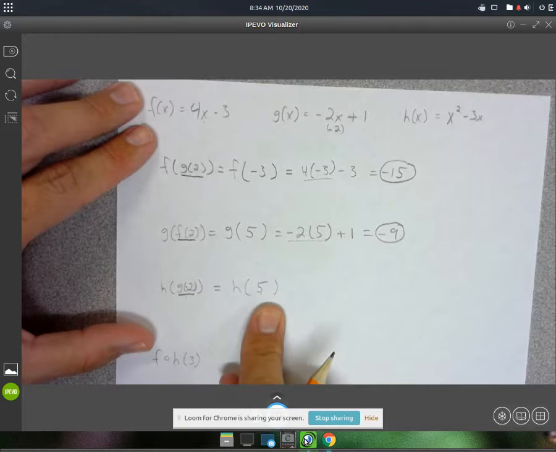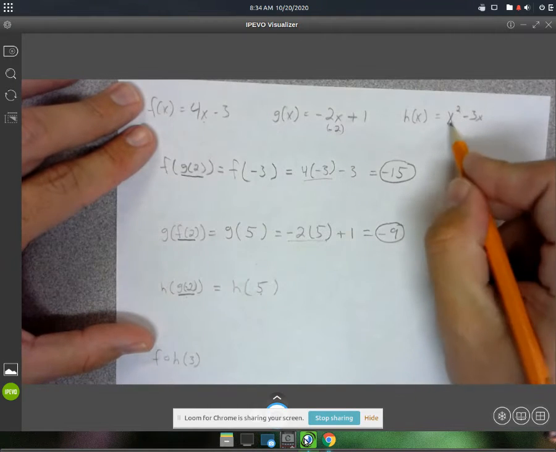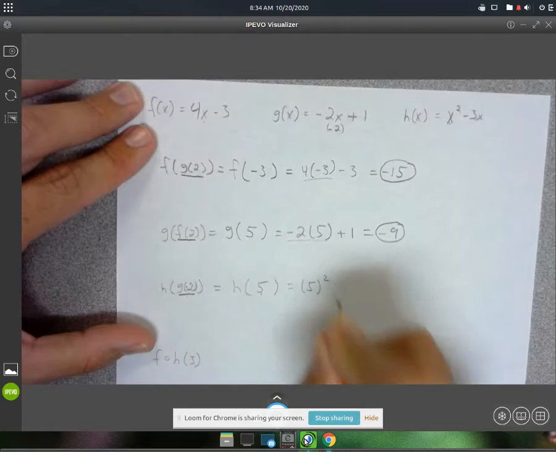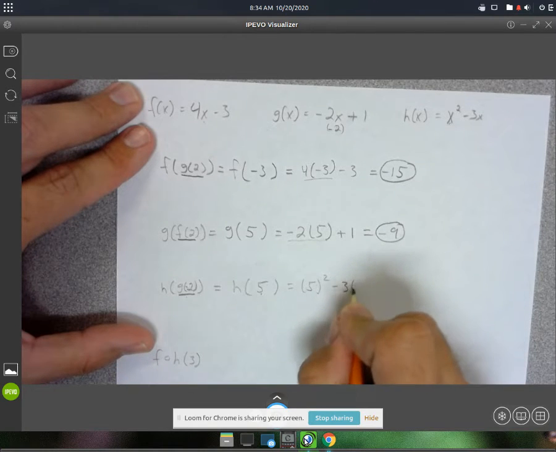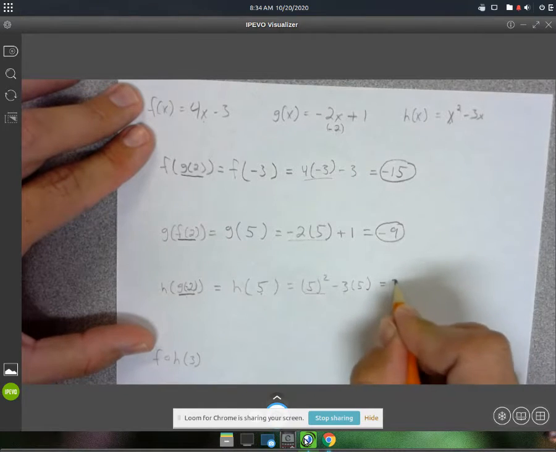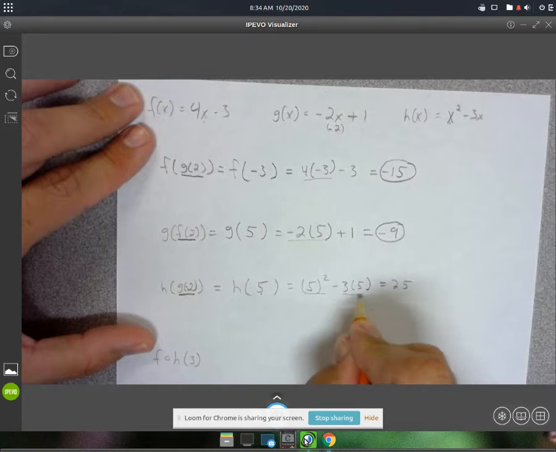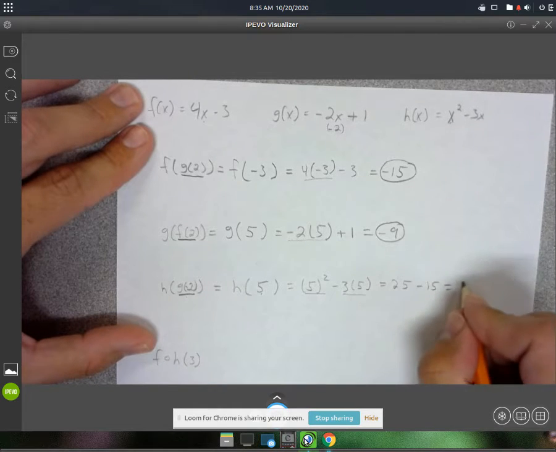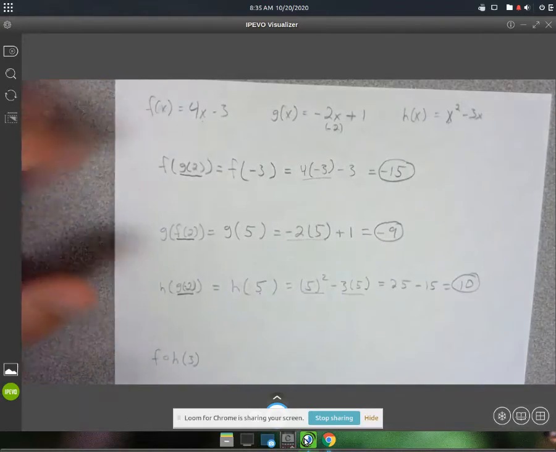Then h of 5, you would plug that in for x up here. So you'd have 5 squared minus 3 times 5. 5 squared is 25. Then 3 times 5 is 15. Then you subtract those two, and you'll get 10.